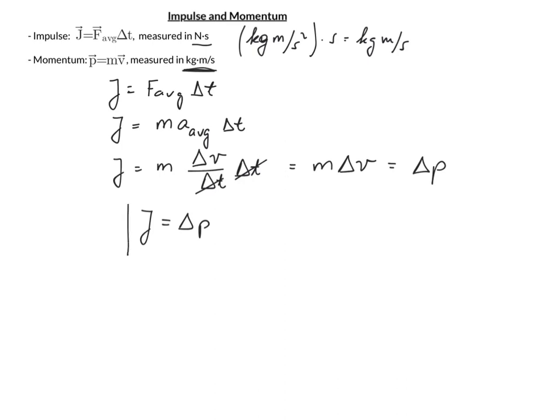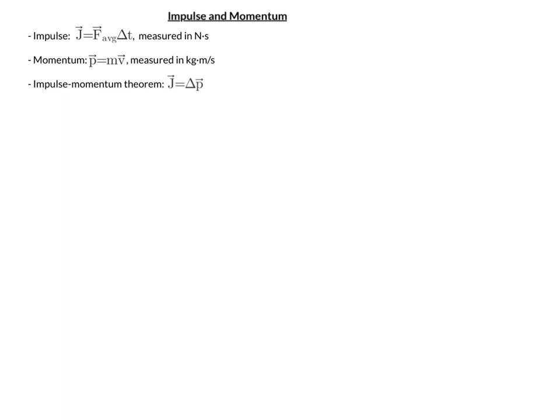So we have a new relationship here between the impulse and momentum, and that is called the impulse momentum theorem. So here we have it summarized. The impulse momentum theorem says that impulse is actually change in momentum.